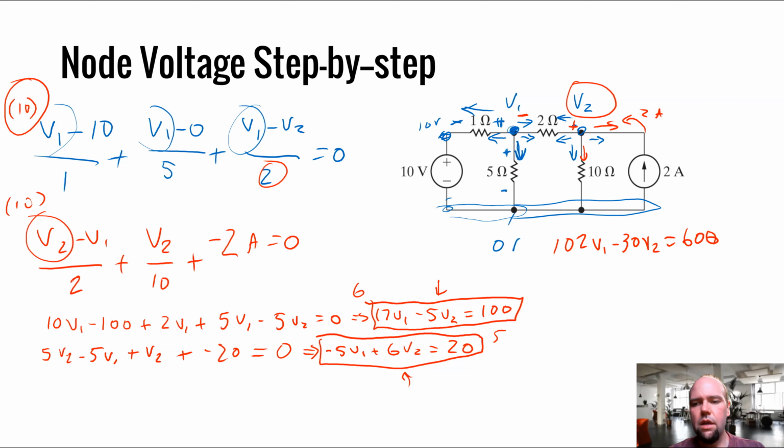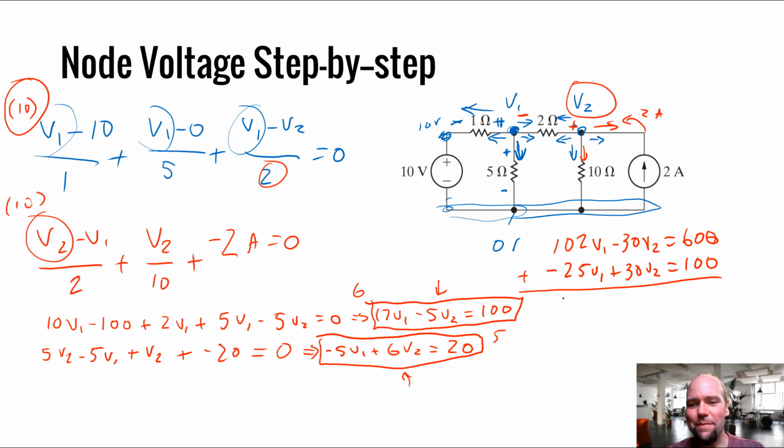And then multiplying the bottom equation by a 5, we have negative 25 V1 plus 30 V2 equals 100. And then for me, I'm just going to add these equations together.